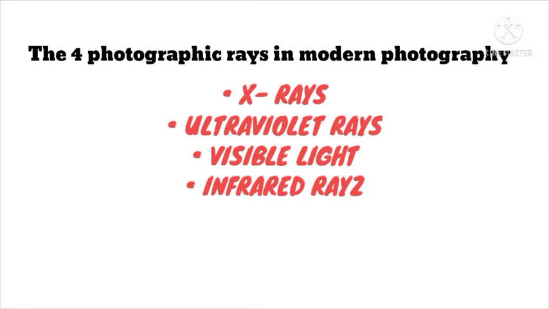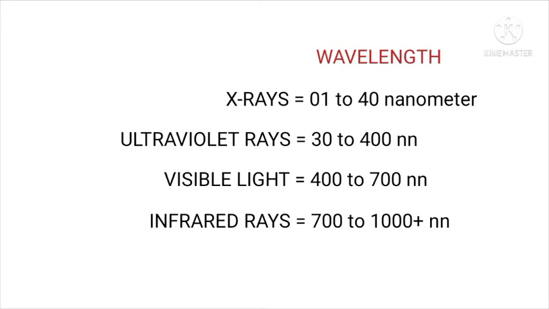The X-rays, ultraviolet rays, visible light, and infrared rays are sometimes referred to as the four photographic rays of modern photography. The wavelength of X-rays is from 1 to 30 nanometers, ultraviolet rays from 30 to 400 nanometers, visible light from 400 to 700 nanometers, and infrared rays from 700 to 1000 plus nanometers.